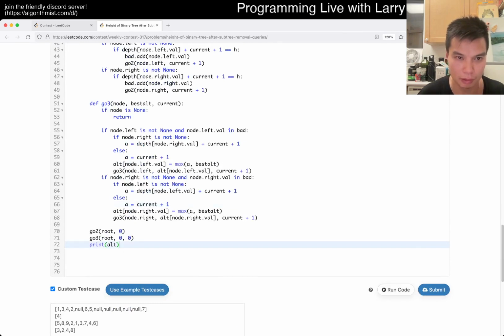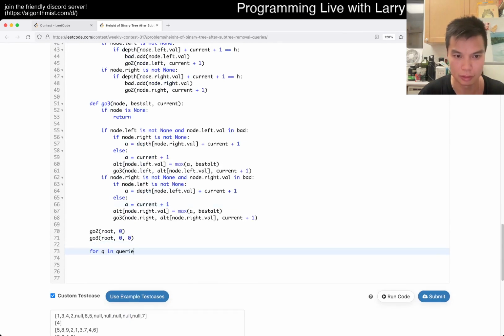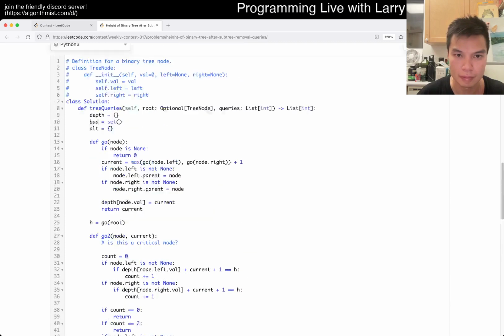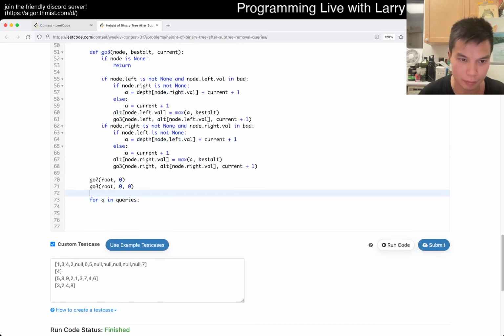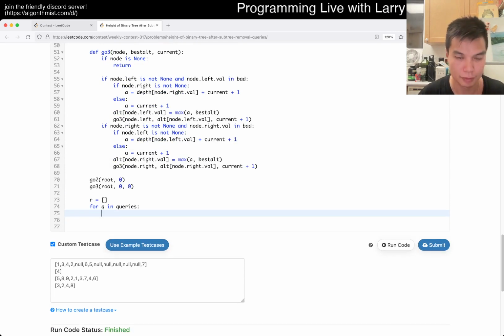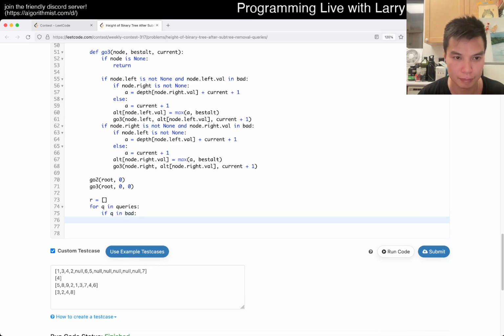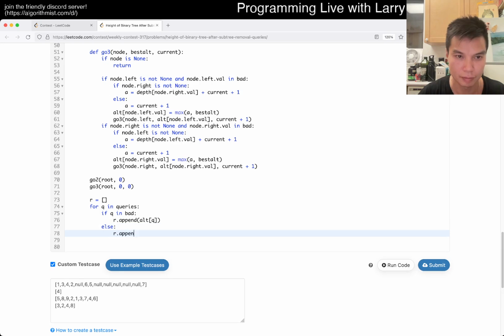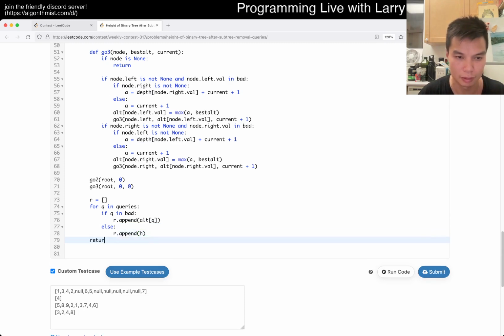Okay, so then now for query. If Q isn't bad, then just H for height.